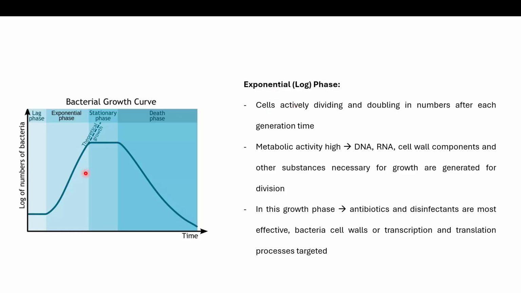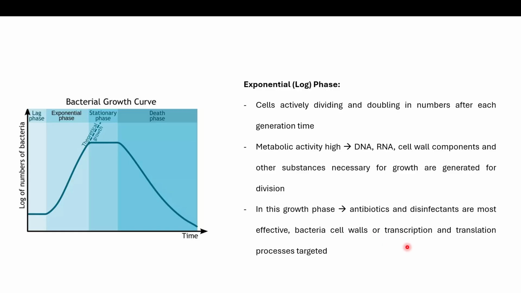During log phase, cells are actively dividing and doubling, and their metabolic activity is really high. DNA, RNA, cell wall components, and other substances required for growth are generated for division. And during the log phase, antibiotics and disinfectants are most effective.